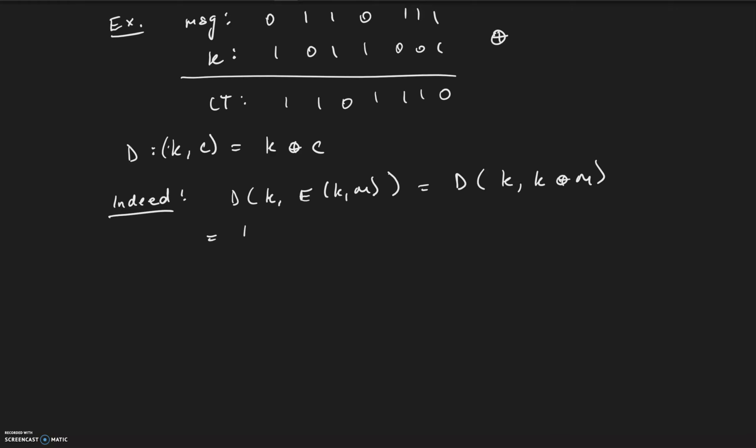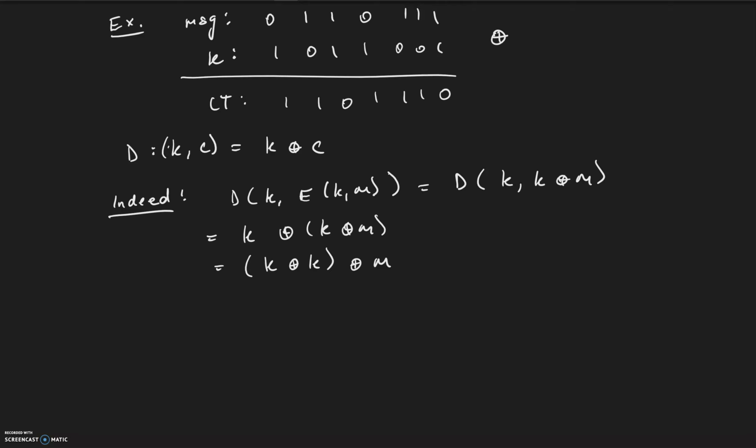Which is the same thing as K XOR K XOR M, right? And because XOR is associative, this is the same thing as K XOR K XOR M, right?